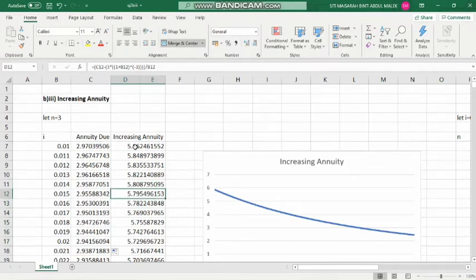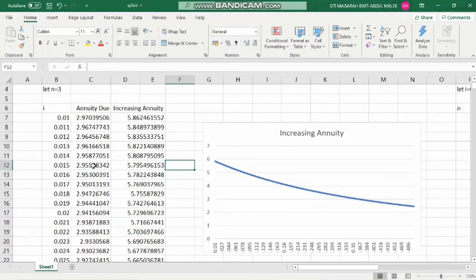So when we get the annuity due, we can put in the formula for increasing annuity. The formula is annuity due minus v to the power of negative n, where n is 3 and v I change to 1 plus I, divided by I. So I get this number, and then as before I just drag this cell to the bottom, and I will get all these numbers.